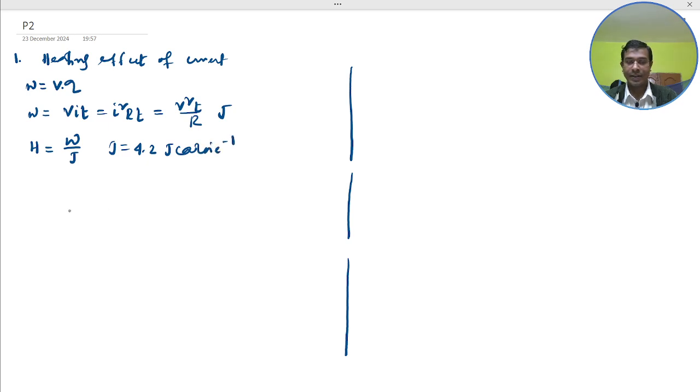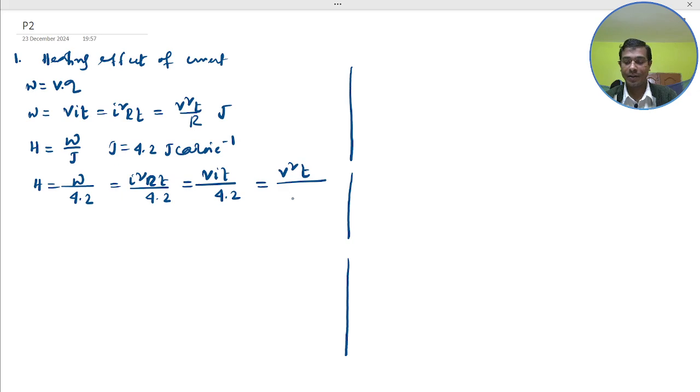And in CGS format it would become H = W/4.2 = I²RT/4.2 = VIT/4.2 = V²T/(4.2R). This is in CGS. Calorie is written CAL, and another one, C means coulomb.